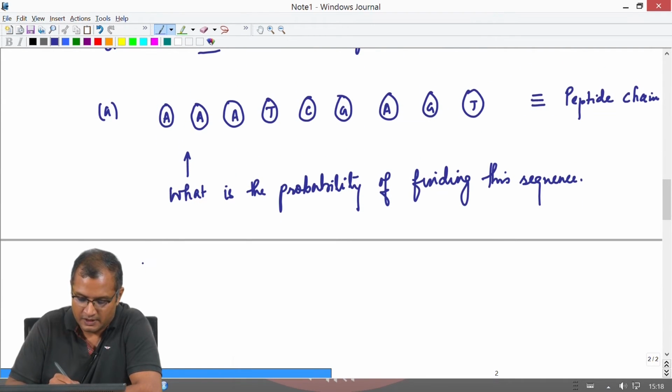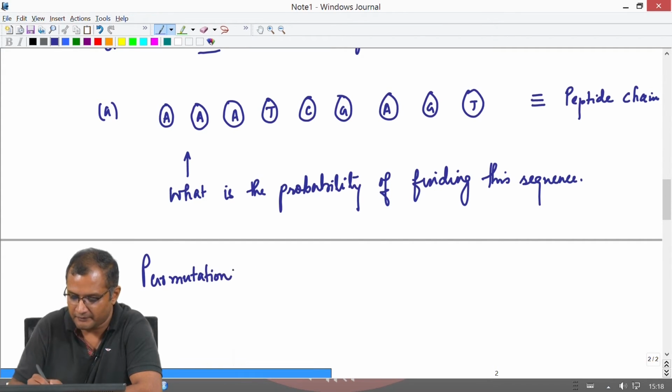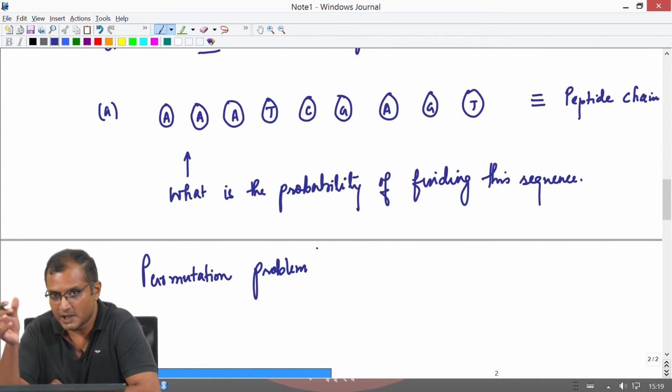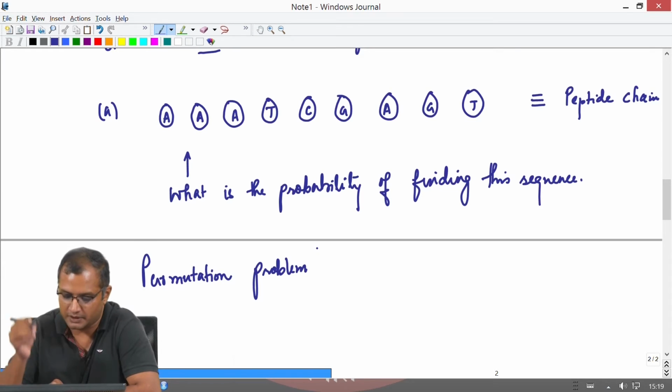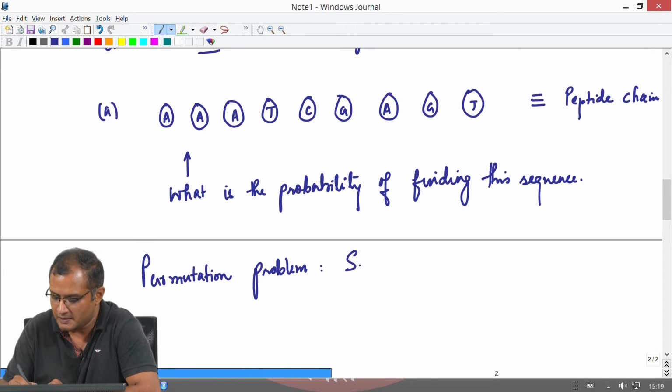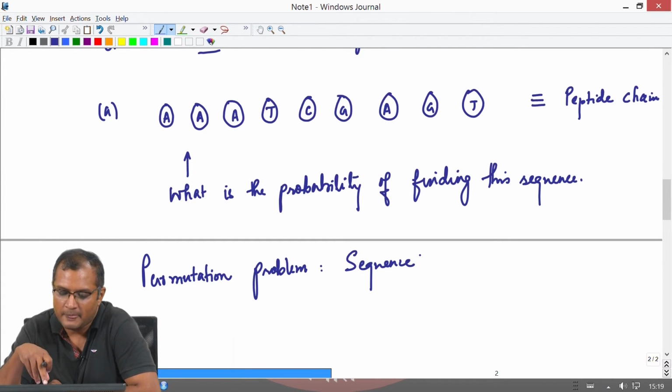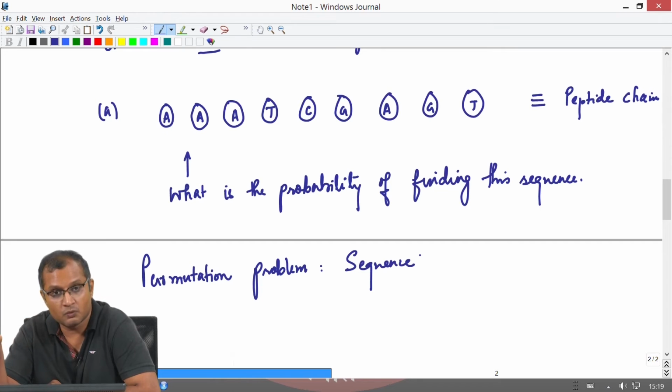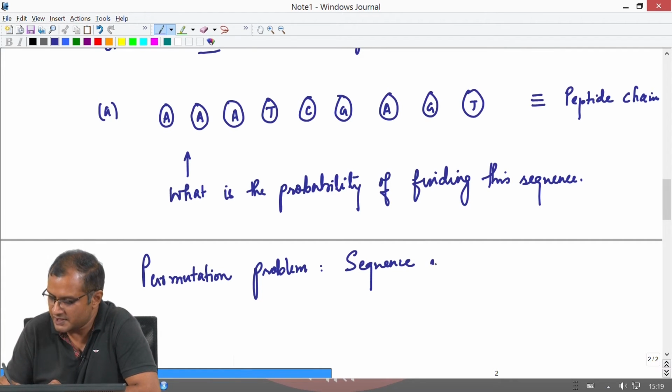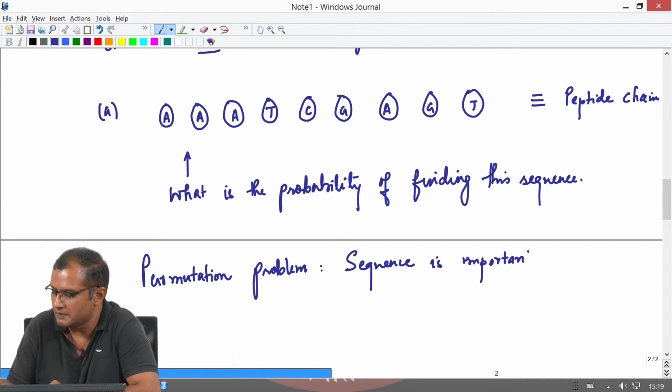So, this is already a permutation problem, because the exact sequence of the monomers is important. If I would change the relative positions of T and C, then the peptide chain would be different. So, sequence is important here. So, this is a permutation problem.